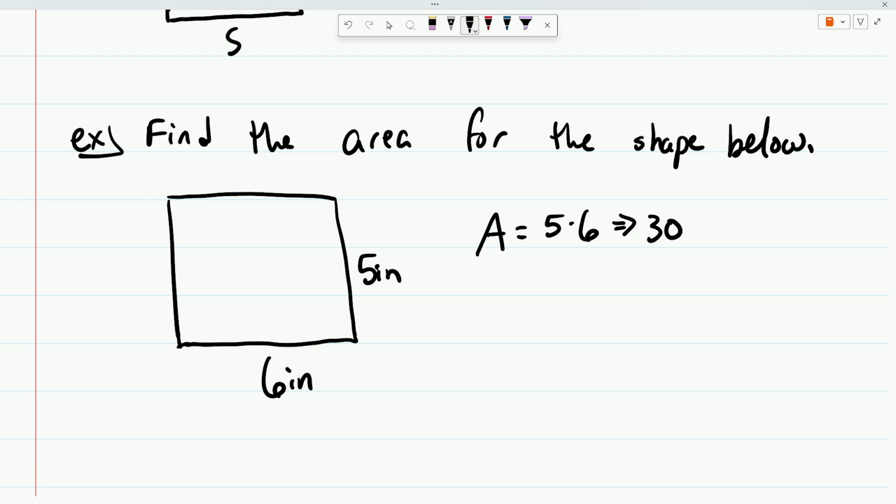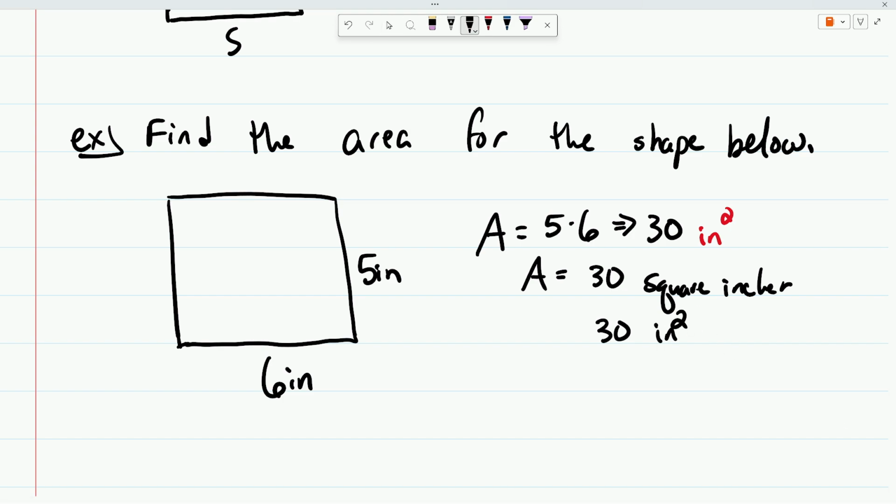All right, but now we need the units, and this is the most important part when it comes to finding area. For areas, units are always going to be raised to the second power. Another way to say this would be area equals 30 square inches, or 30 inches squared. It's the same exact thing. Okay.